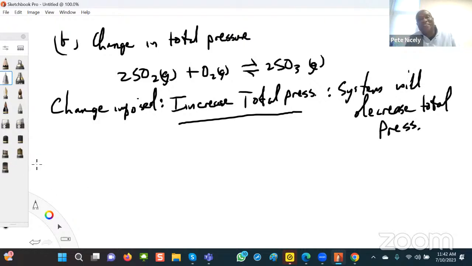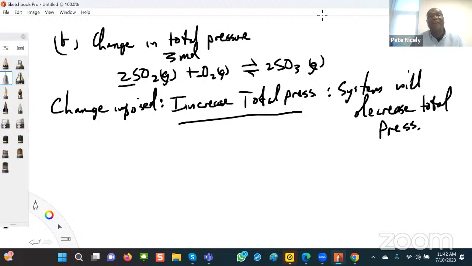So the question now becomes, how will that be achieved in this case? The key to answering that question is looking at the total number of moles represented on both sides of this equation here, right? And this underscores the importance of having a balanced equation. So if you look at this equation here, you'll notice that you have 2 plus 1 moles of gases. So you have a total of 3 moles of gases on the left side.